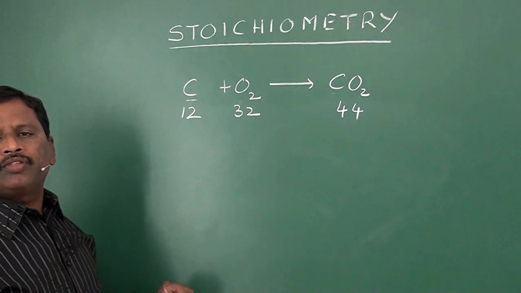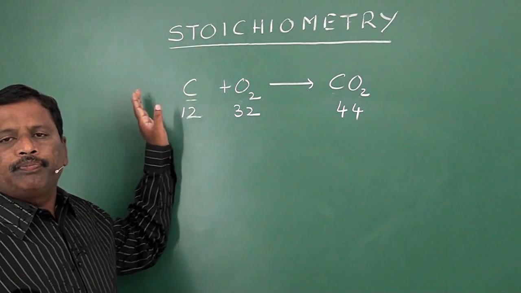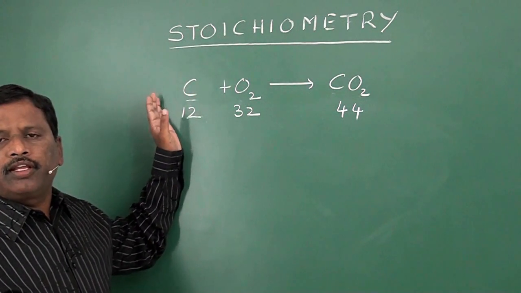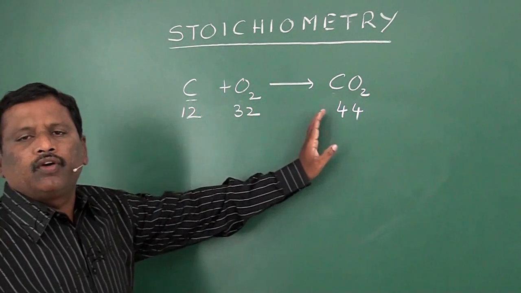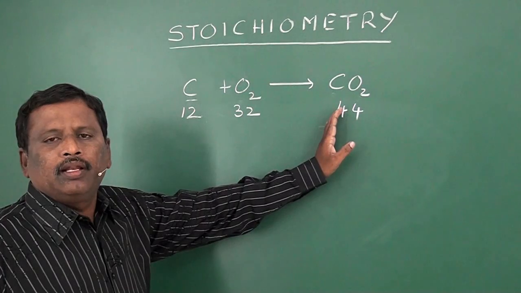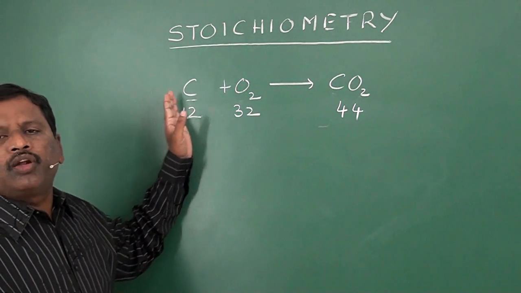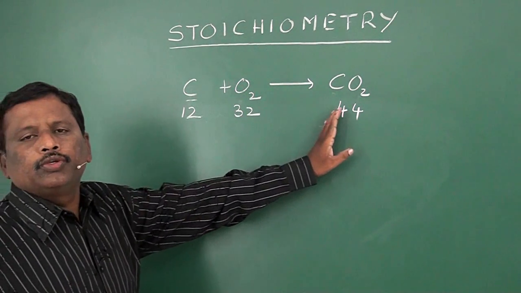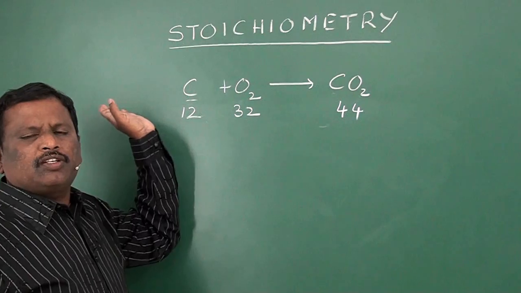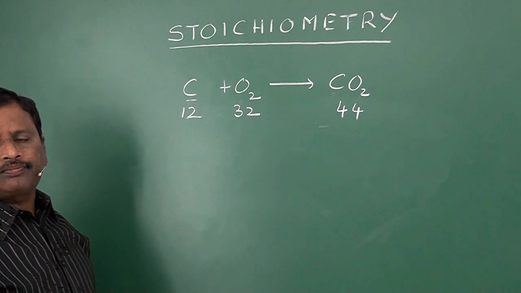If you take kilograms, 12 kilograms of carbon react with 32 kilograms of oxygen to give 44 kilograms of carbon dioxide. Similarly, 12 tons of carbon requires 32 tons of oxygen to produce 44 tons. They react with each other with respect to this ratio only.